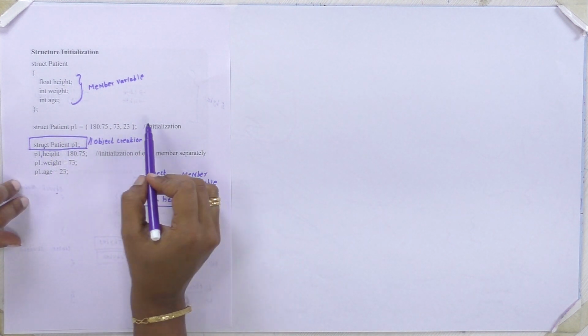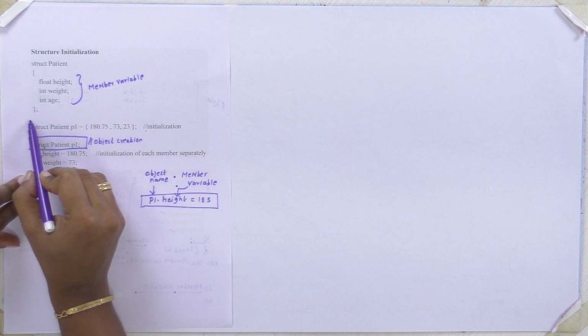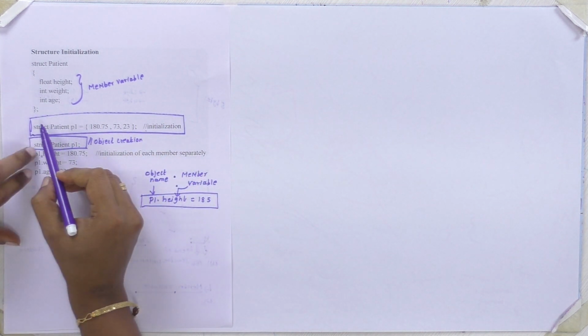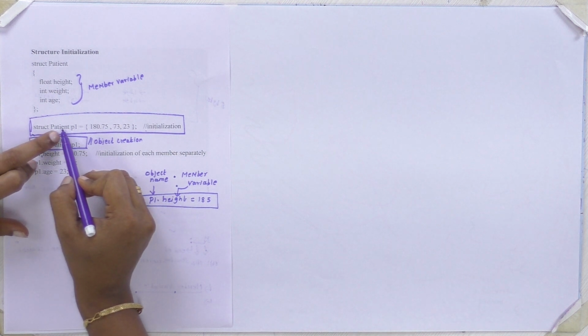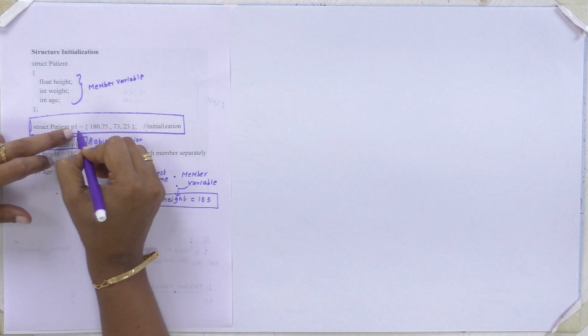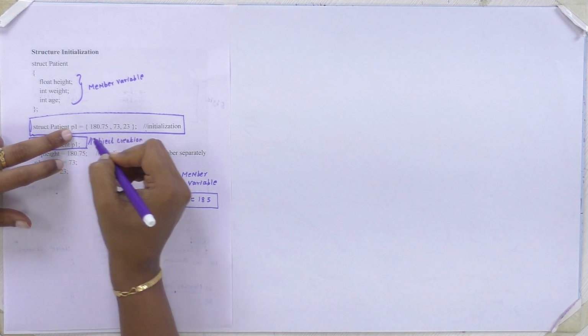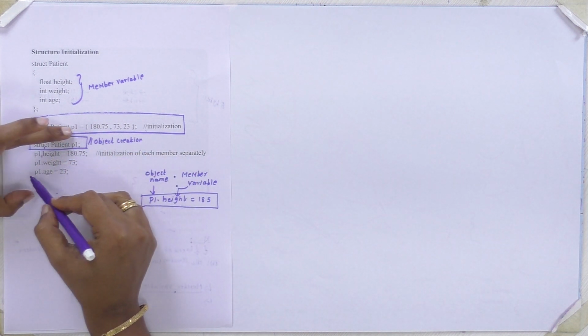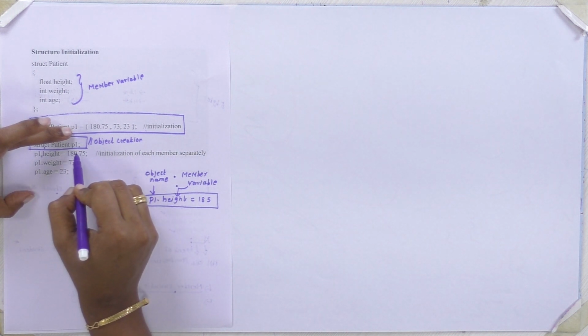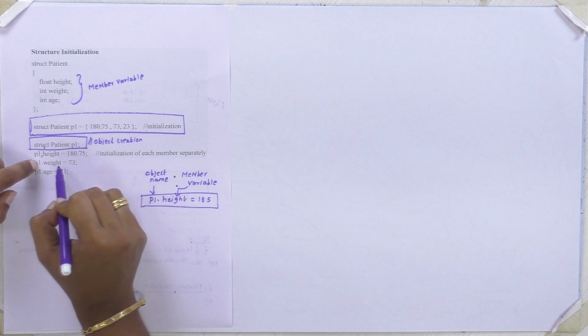You can also initialize the values by assigning in the same line. Let's take this structure patient P1. Same thing we are using in this program. In the previous code, I was initializing the value for each member separately.